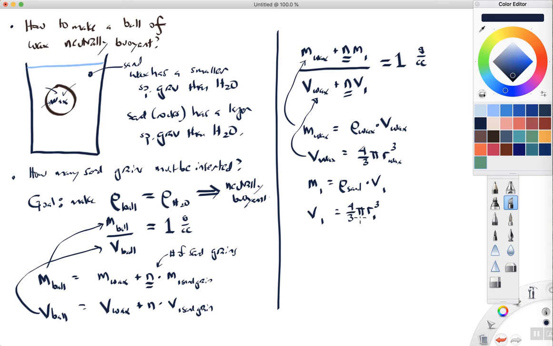Okay, so if we were, for example, given the radius of the sand grains and the type of sand, we would have the density of the sand, the radius, we could figure out the volume, we could plug all that stuff in up here, then we would basically have the volume of the sand grain, the mass of the sand grain.